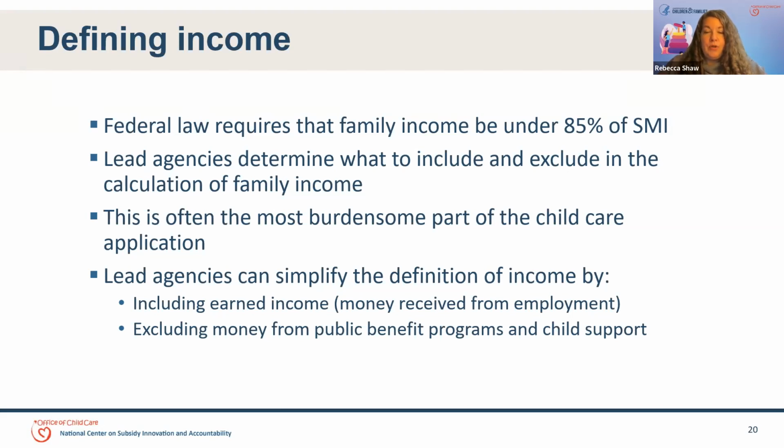So to reduce burden, OCC recommends that lead agencies simplify their definition of income by only including earned income or money received from employment and excluding money received from public benefits and child support. This simple definition reduces documentation requirements and also reduces barriers to entry into the program.